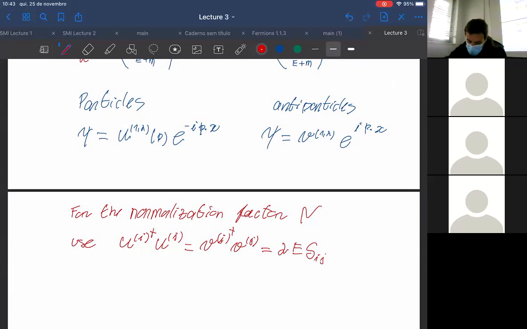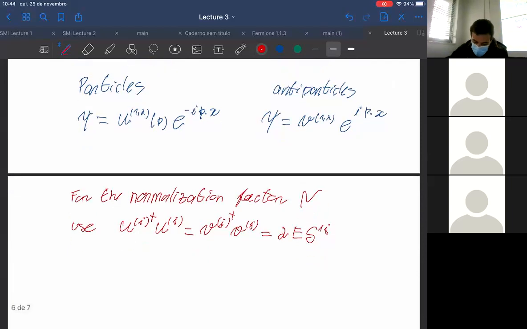Just to be consistent, let me put the indices above, i j. I'm not going to calculate this. It's a trivial thing, but you get that, and one of the possibilities is n equal to the square root of E plus m. So this is what you get out of the normalization conditions. If you wish, you can try it yourself.